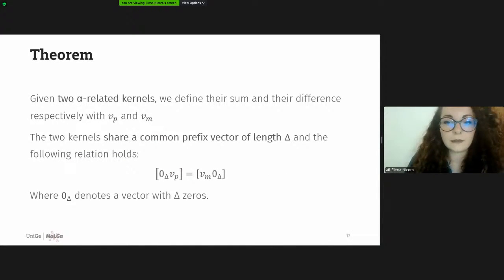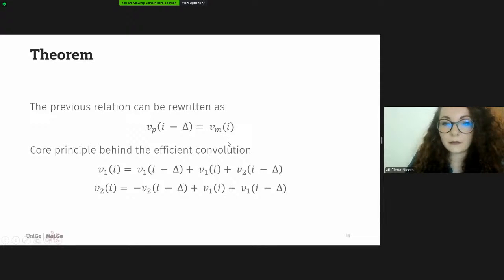The theorem that is behind this filtering, the core principle of this filtering scheme, is basically that 2 alpha-related filters share a common prefix of length delta. And if we compute their sum and their difference, we can see that this relation holds, meaning that every element at position I of their difference can be found exactly the same at position I minus delta in the vector of their sum.